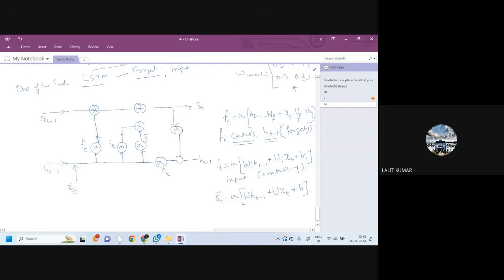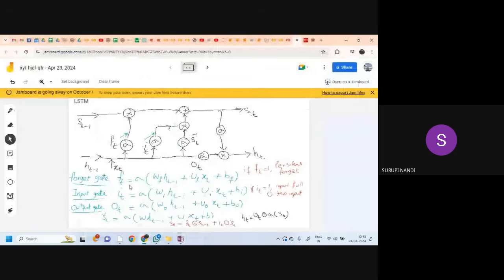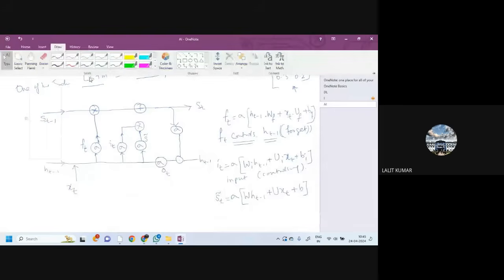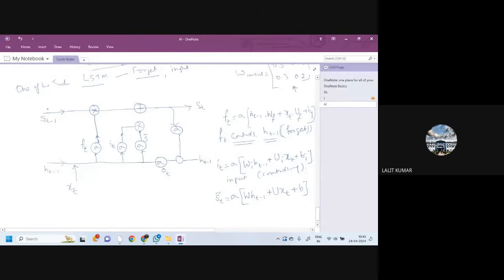Just let me make the diagram first, okay? So this is X HT. Okay, so see this diagram. From the previous step, this is coming from the previous time step, ST minus 1 and HT minus 1. When it is coming, I apply the gate.